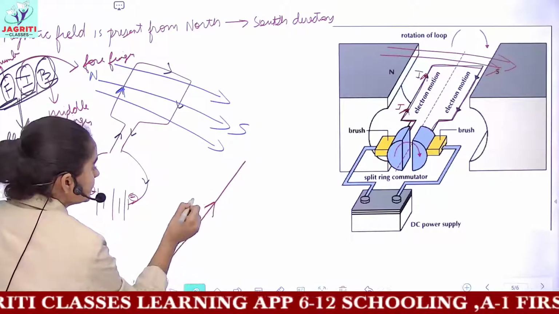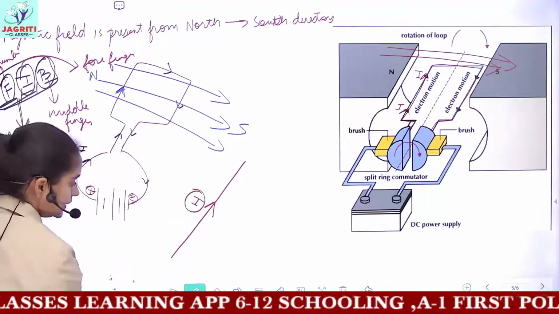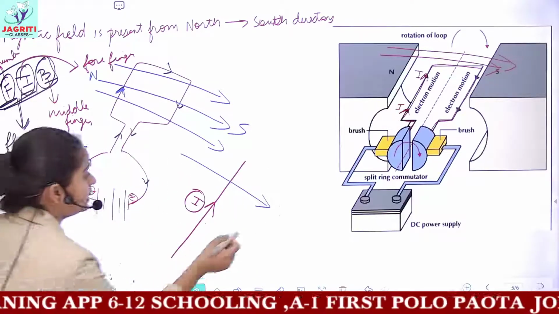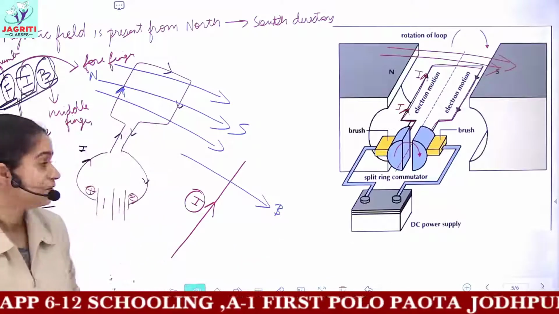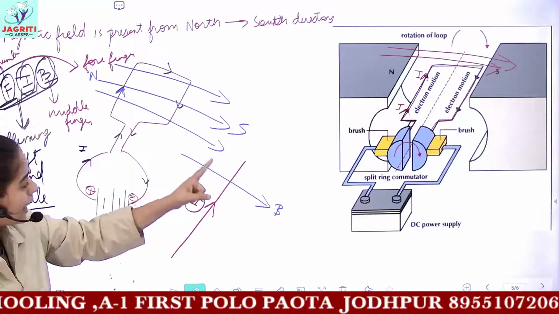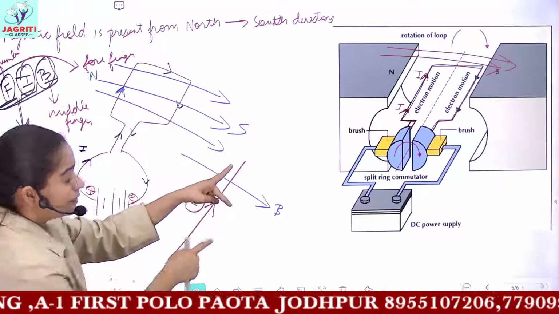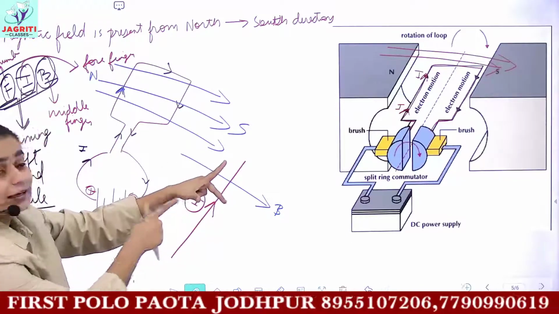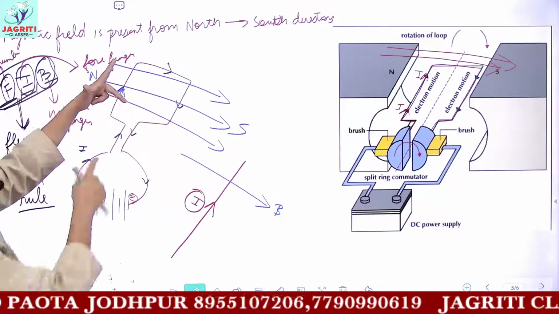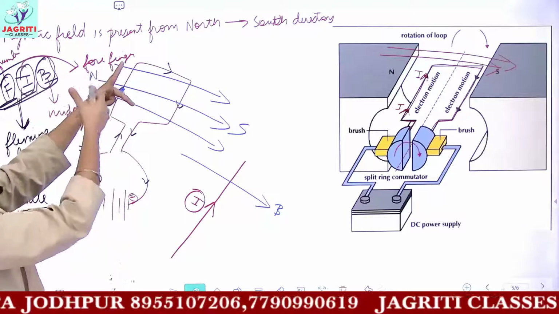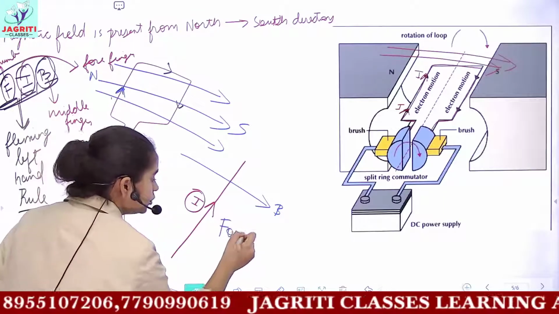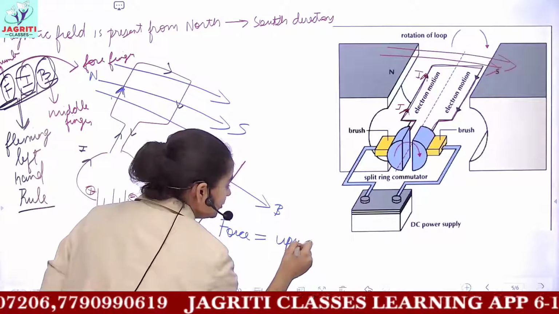This is my conductor, this is the direction of current, and here you have the direction of magnetic field, B. So if the forefinger represents the direction of current and the middle finger the magnetic field, then the force on the conductor is represented by the thumb. In this condition, this conductor has an upward force. I hope this is clear. Here the force would be in the upward direction.